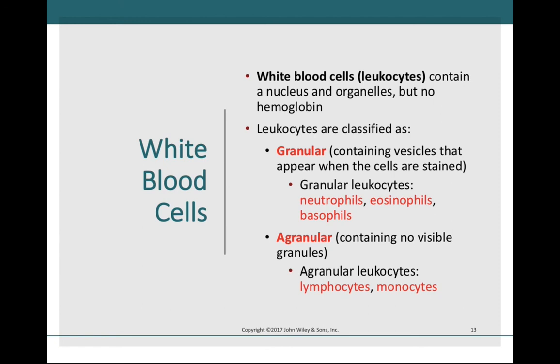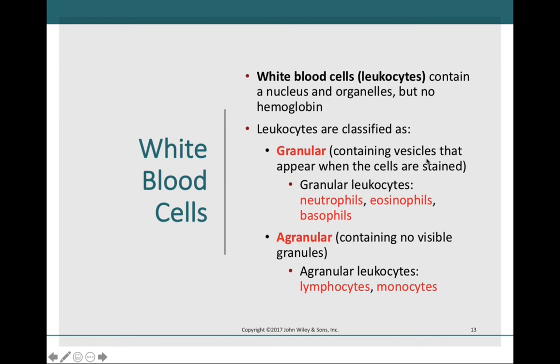There are two groups by which we classify our white blood cells, and those are the granulocytes and the agranulocytes. Now we can see that this group says granular and this says agranular, but that's another way we can say granulocyte versus agranulocytes. Granulocytes are named because under the microscope they contain microscopic granules, and agranulocytes do not. Now you may be wondering what a granule is. A granule is just a pigment under the microscope.